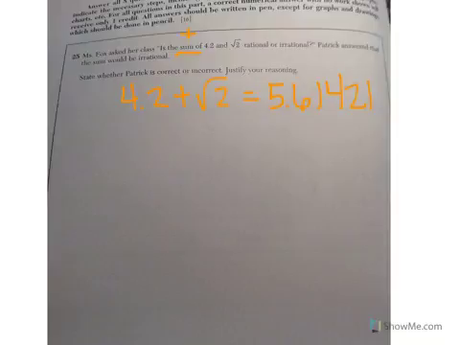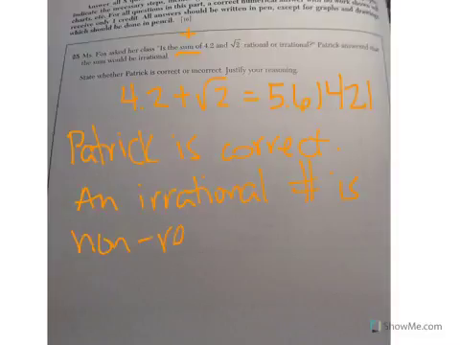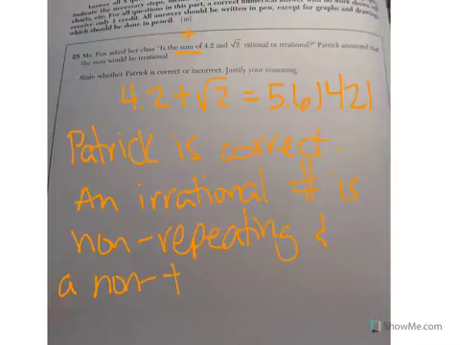So, state whether Patrick is correct or incorrect. Patrick would be correct because an irrational number is a non-repeating and non-terminating decimal.